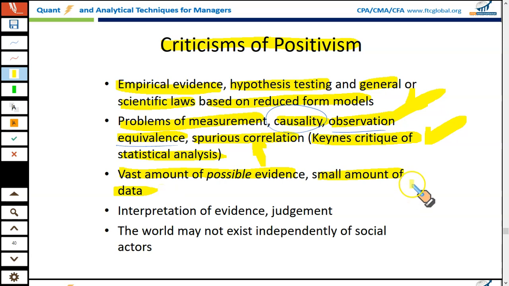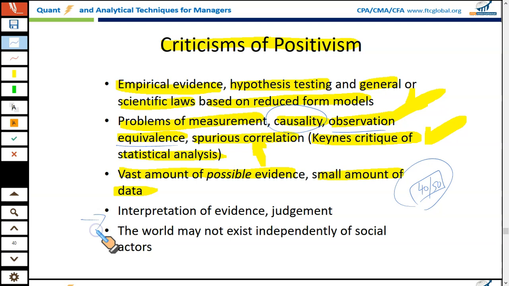For example, we want to establish a correlation between the years of study in a university and your earning, but maybe we observe only 40 or 50 professionals who would be interviewed, while there could be millions and millions of others as potential evidence available to test the theories. So we may not have enough data to thoroughly test or confirm theories.